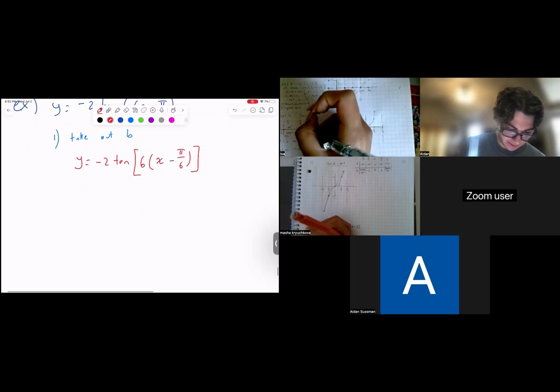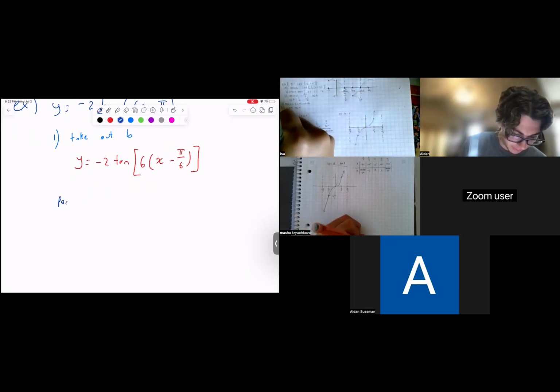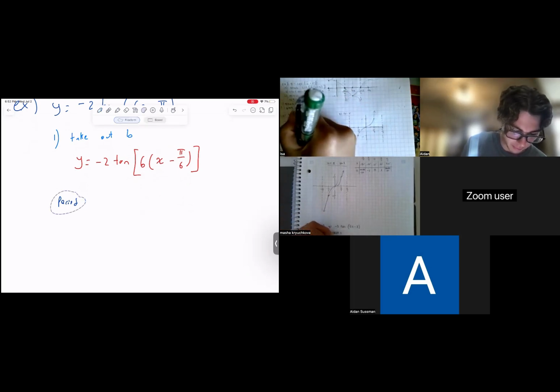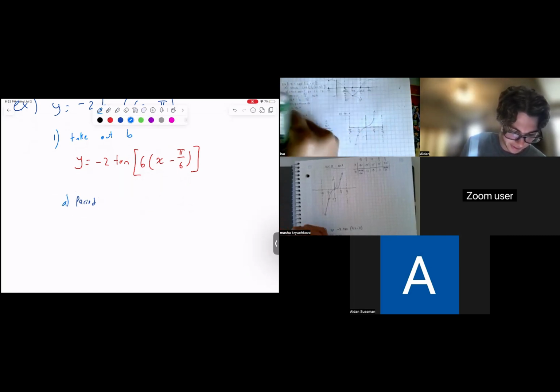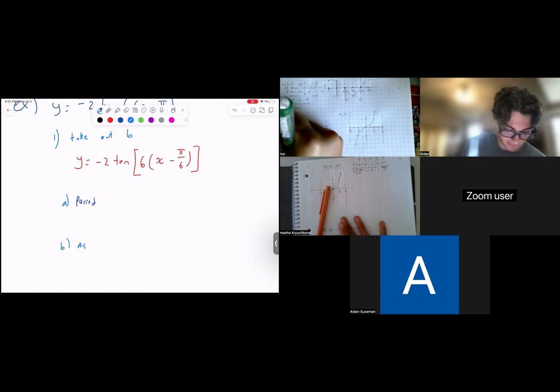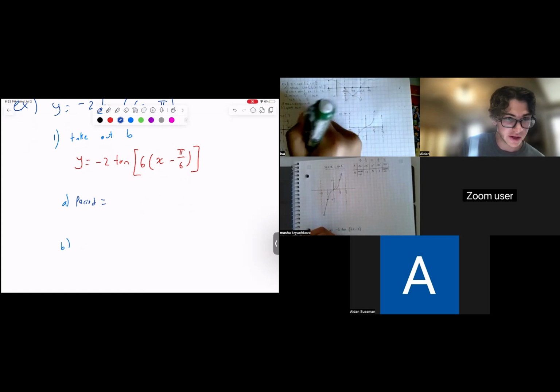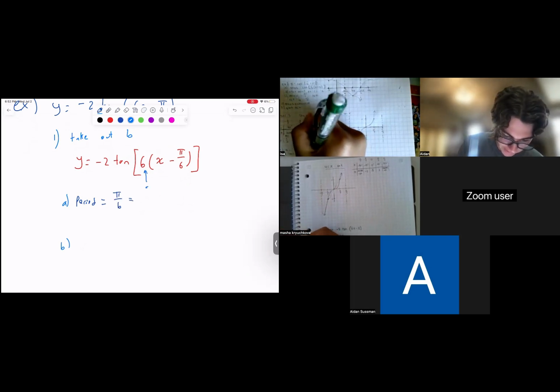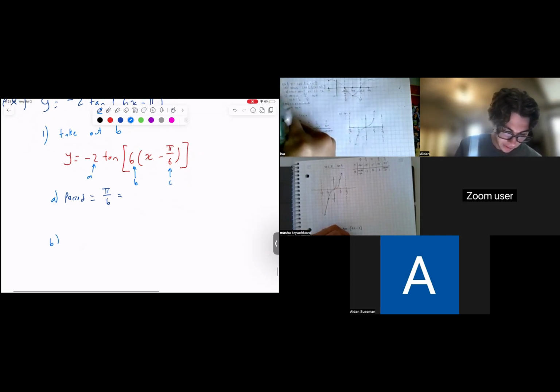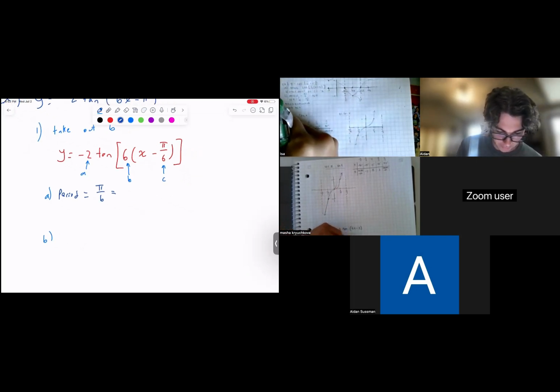Now I need to figure out what the period is. This can all be in step 1. We want to find the period and we want to find the asymptotes. Our period is just equal to pi over b. Here is our b, here is our c, here is our a. So pi over b is pi over 6.